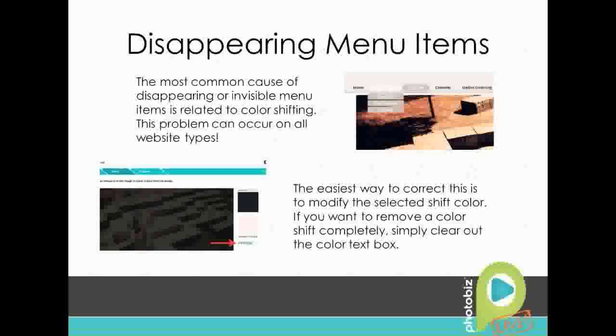You'll open up the picture and select the color from the picture, and if it happens to be really close to a color in your menu, then when it hits that color, it will change the background or change the text or whatever, depending upon that particular template's style, and all of a sudden the text is the same color as the background, or the background becomes the same color as the page, and you don't see your text anymore. The easiest way to correct this is to simply go in and modify the selected shift color.